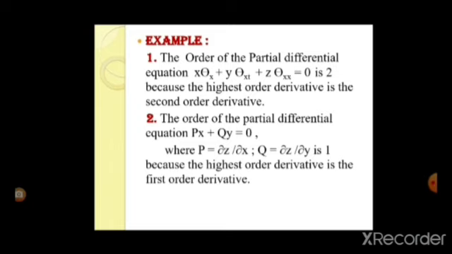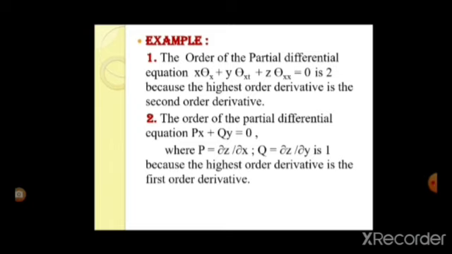The order of the given equation is 2 because x into theta x is nothing but x into dou theta by dou x, which is of order 1, plus y into dou theta by dou x into dou t, where the two independent variables give a derivative of order 2, and plus z into dou theta by dou x into dou x. So here the order of the partial differential equation is 2 because the highest order derivative is of the second order.